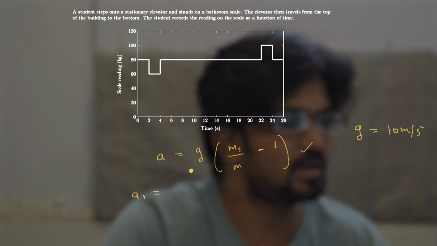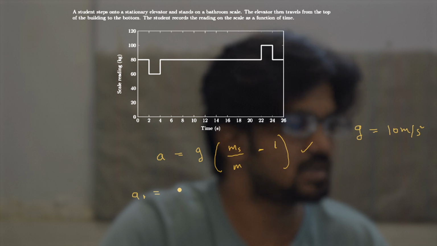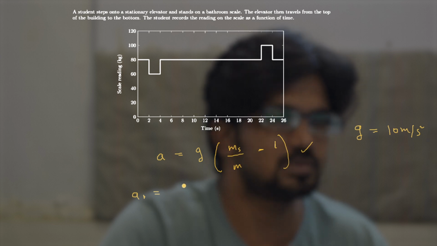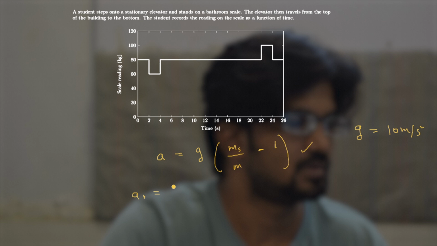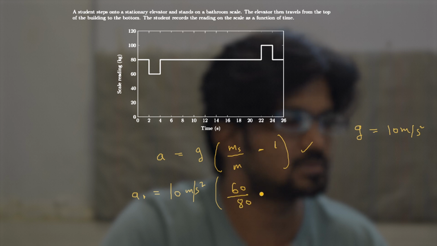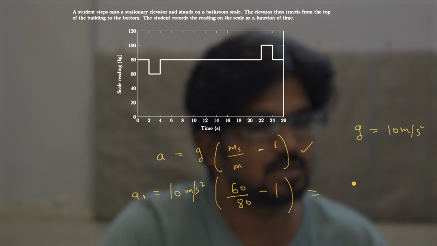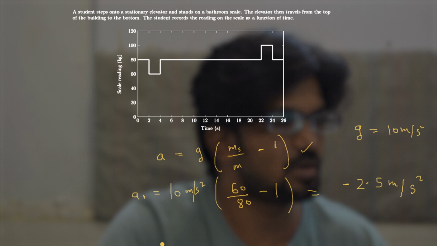Then we can put the values here. Our actual weight was 80 kg, and the apparent weights were 60 kg and 100 kg. So a1 is 10 meters per second squared times 60 by 80 minus 1, which comes out as minus 2.5 meters per second squared. This is the acceleration in the downward direction.